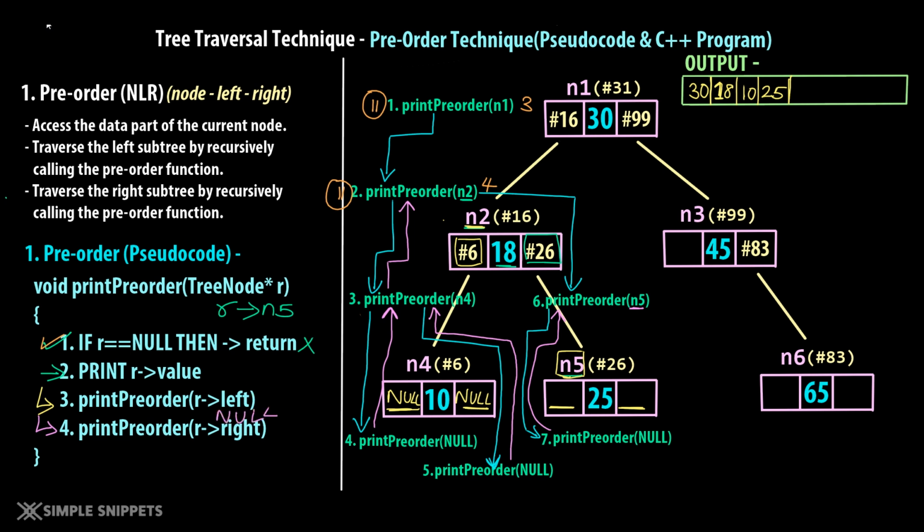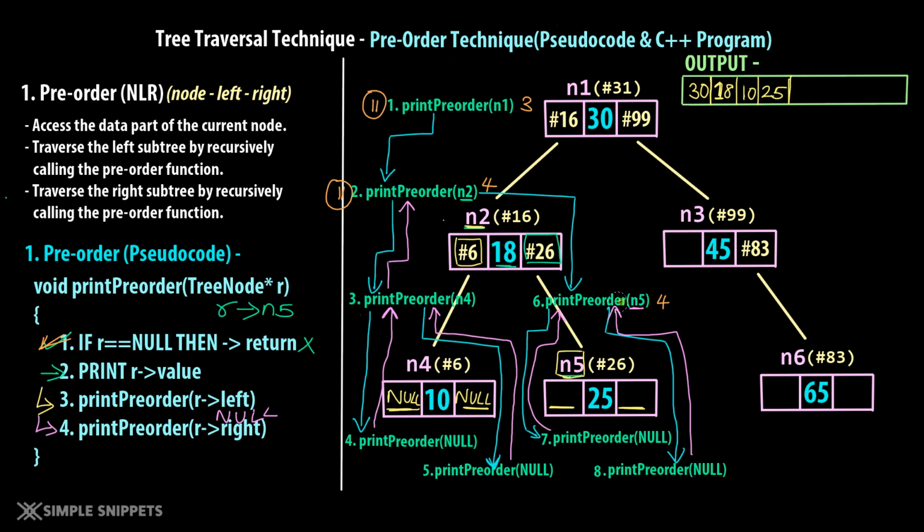This is the 8th print preorder call, given from the 6th print preorder. Again it goes in a pause state, paused at step 4. When you pass null in the 8th print preorder, at the very first step we return because r equals null, and it comes back to the 6th print preorder.